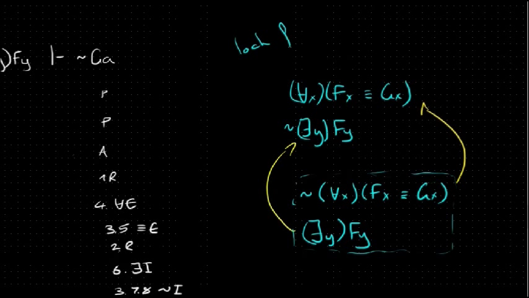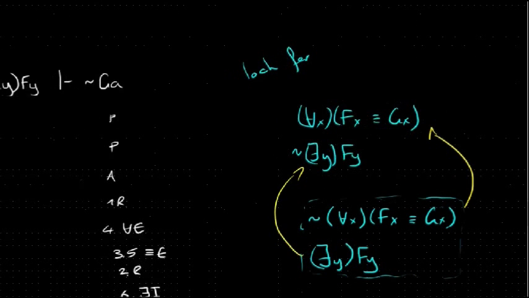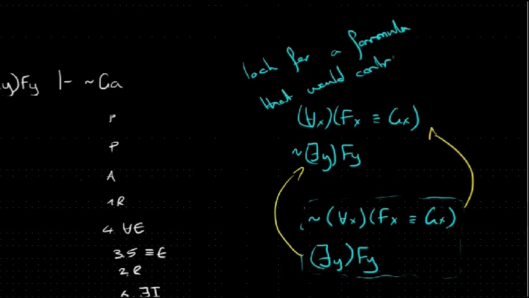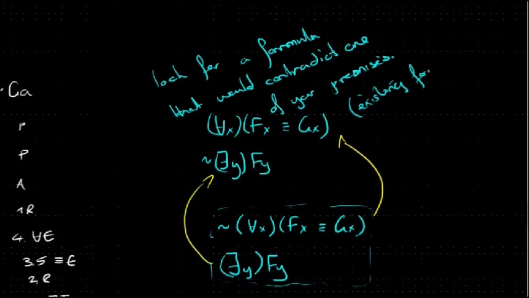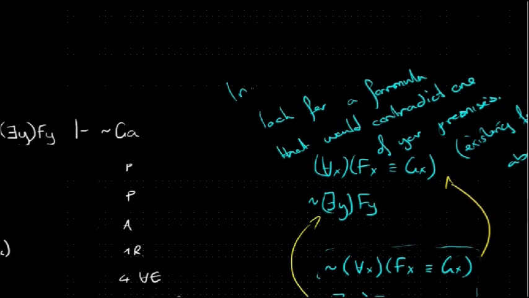Look for the formula that contradicts one of your premises or existing formulas above. Okay, and that's for if you're doing an indirect proof.